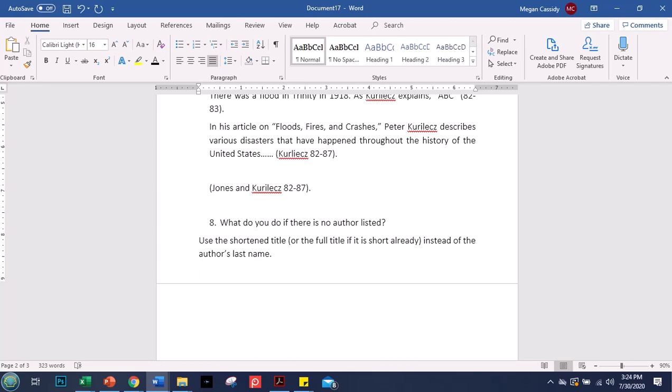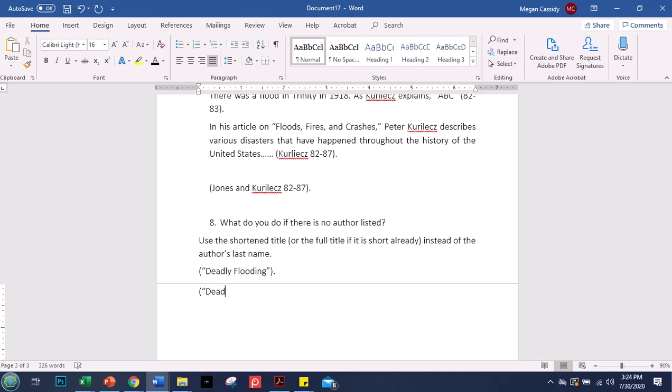Now, mostly I find that these don't have page numbers, but we'll do it both ways. So we'll call it Deadly Flooding. You notice it is an article, so I have it in quotation marks. Deadly Flooding, and there's no pages. Okay, that looks like that.